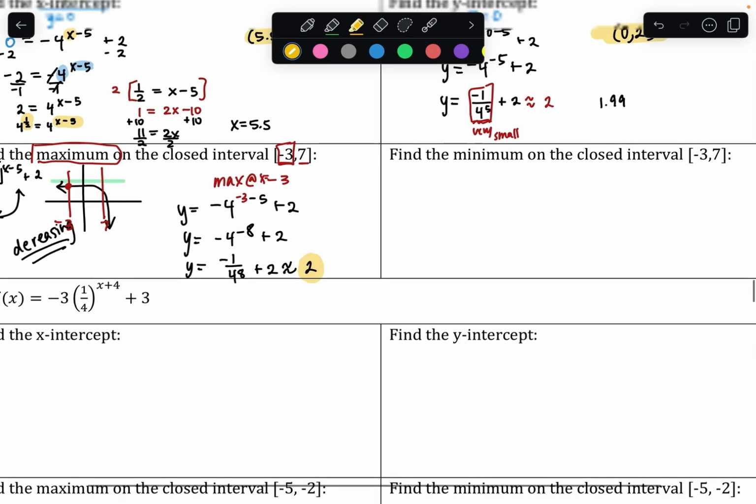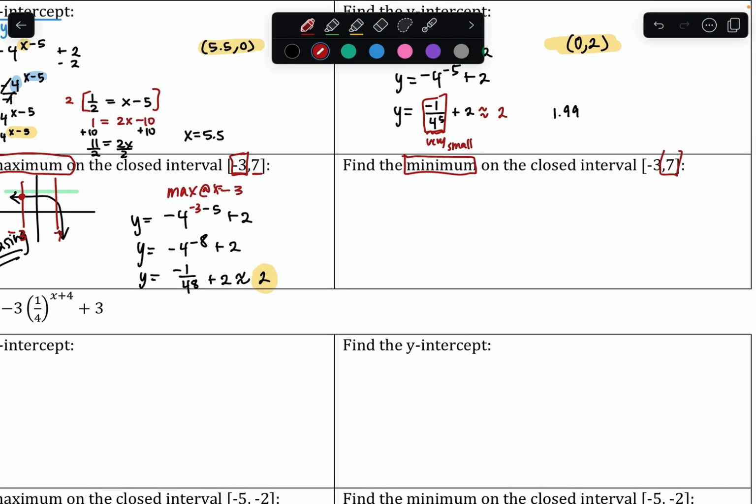Okay, now it's saying find the minimum, and it's the same interval, same function, and so this time we want to plug in the 7. So the minimum is at x equals 7. So taking our function, negative 4 to the x minus 5 plus 2, this time we are plugging in the 7.